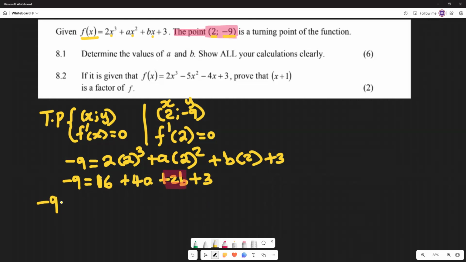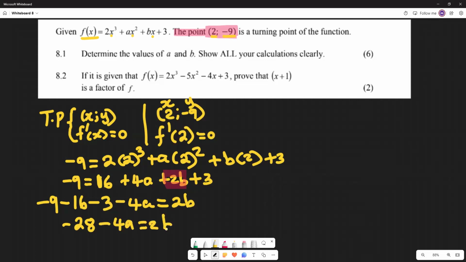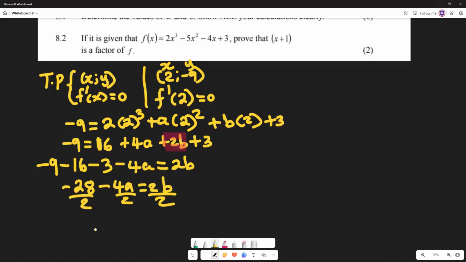I had -9, the 16 will be minus, and then minus 3 minus 4a equals 2b. Now we have -9 minus 16 minus 3, which are like terms. That is -28, and then minus 4a equals 2b. And then you divide everything by 2 to make b the subject of the formula. You're going to have -14 minus 2a equals b.